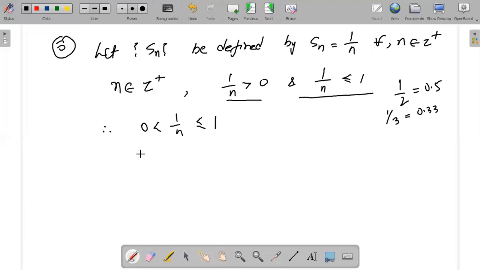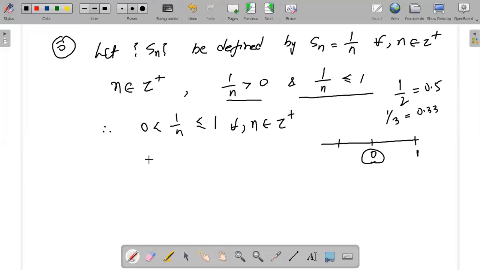Combining this, this serves the purpose. So 0 and 1. It is not equal to 0, because it is less. It is equal to 1 or less than 1, for all n belongs to Z plus.